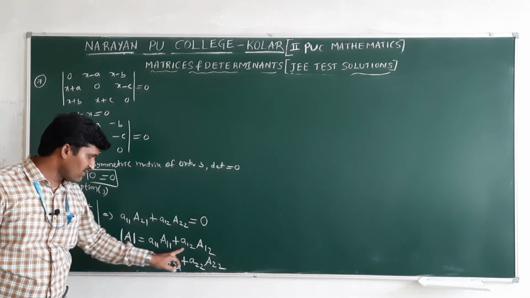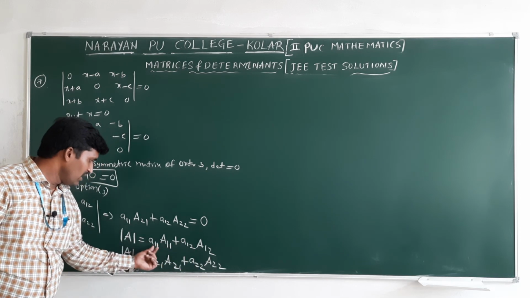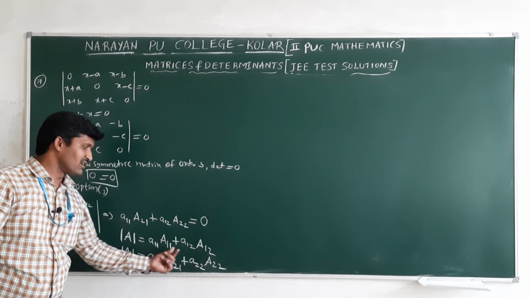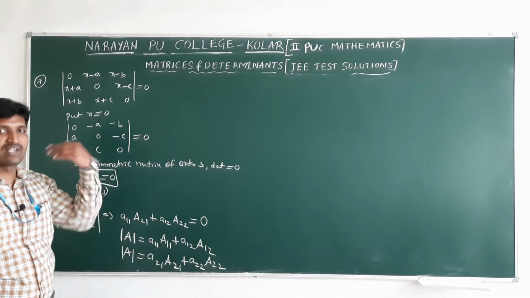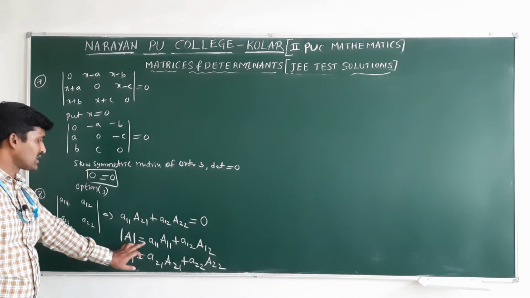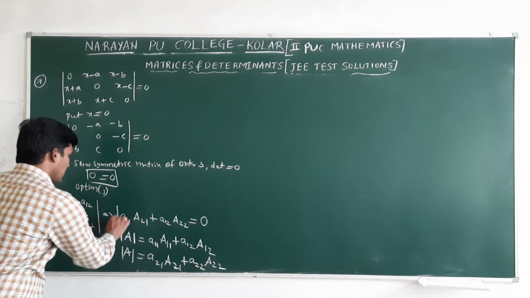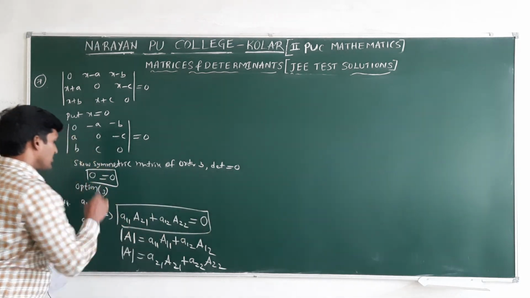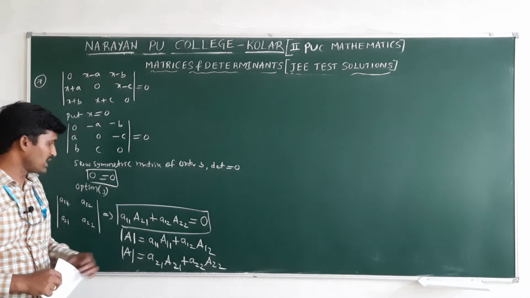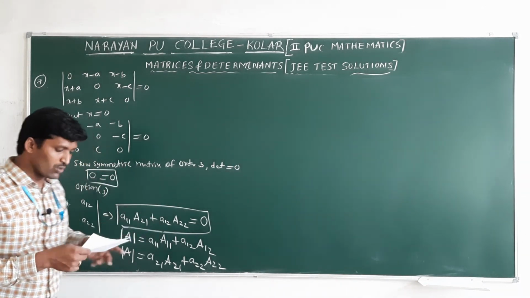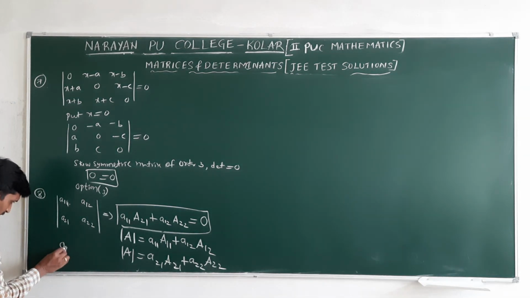Here capital A11 is the cofactor of A11, and capital A12 is the cofactor of A12. Otherwise the value becomes 0. That's why they gave elements of one row and cofactors of another row, so the value is always 0 only. That is option 2, the correct one.